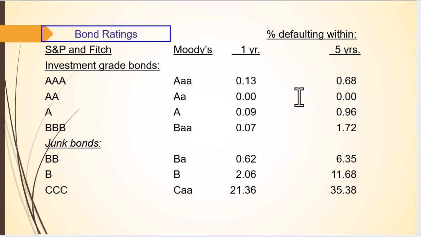AA is again very low. We can see very low numbers. It doesn't really start to concern us much until we get below these investment grade bonds. Double B bonds, within 5 years, about 6% of those bonds will default. So you have a 94% chance that it's good, but there's that 6% chance of default.